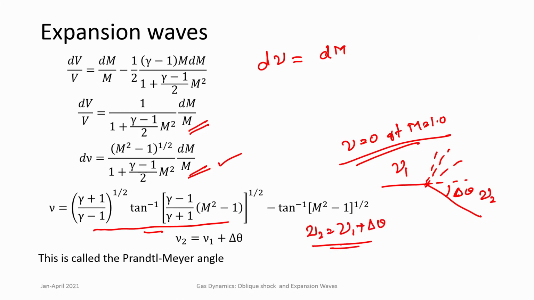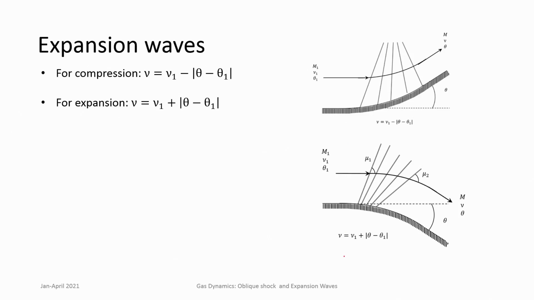During a flow turn away from the upstream flow, the Prandtl-Meyer angle increases, so that is what you have to consider. During a gradual compression turn, the Prandtl-Meyer angle decreases, so it takes a negative sign, minus delta theta.